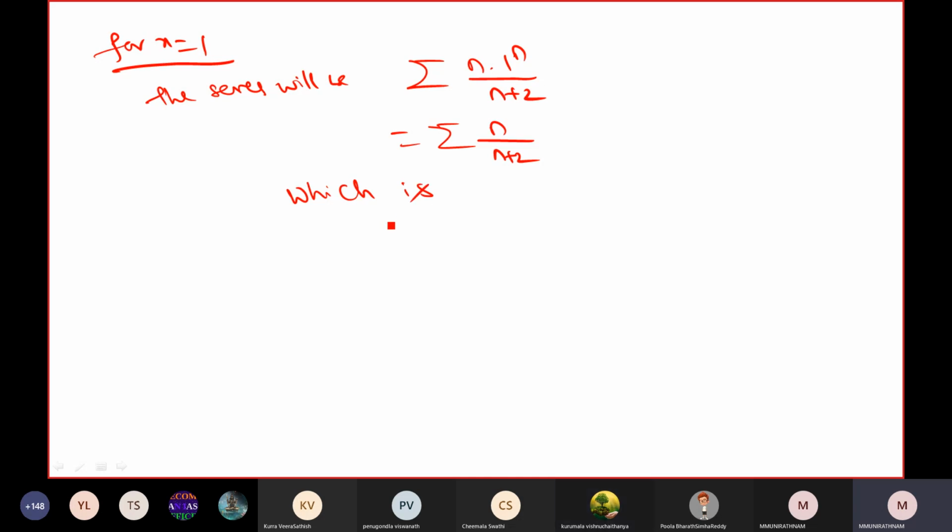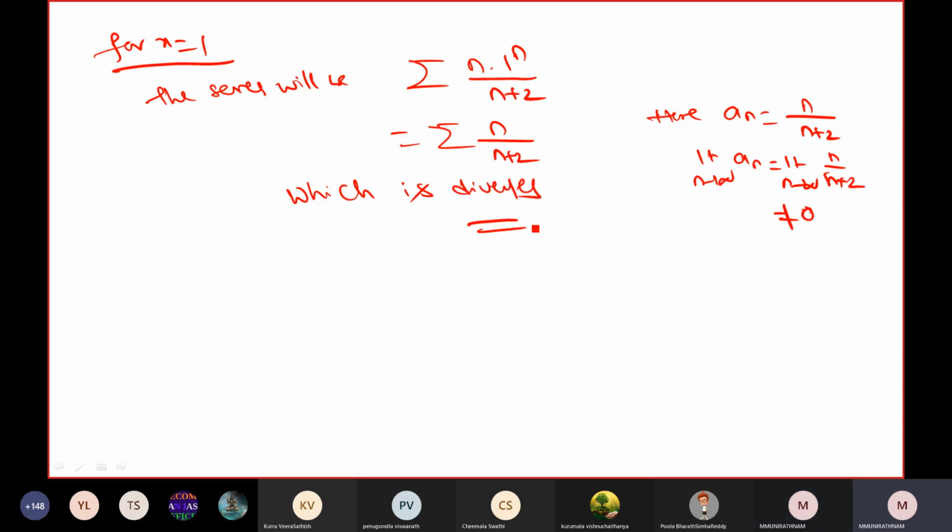Diverge, sir. Why? The limit of that series is not equal to 0. For the case of divergence, we have only one test. If the limit is not equal to 0, we can say directly that it is divergent. So for both endpoints, it will diverge.